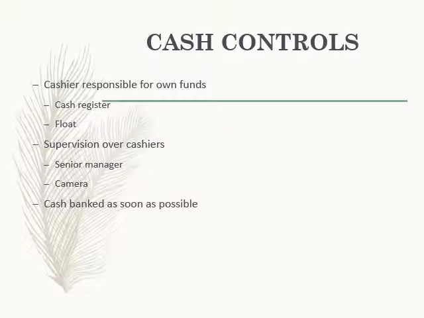An important control would be that, irrespective of the fact that cash could be kept in a vault or in a safe, the cash needs to be banked as soon as possible, so that there is not a buildup of large volumes of cash, creating temptation for either employees or outsiders who know that cash is not banked ASAP.